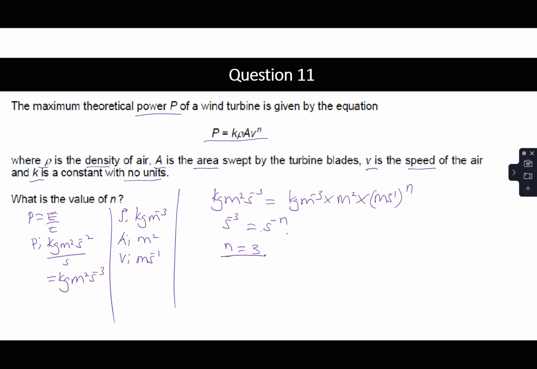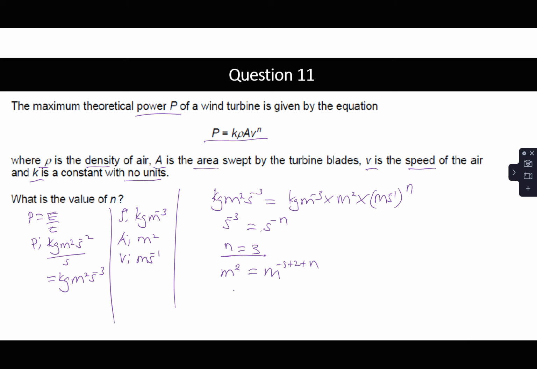Alternatively, I could use m. On the left I have m to the power 2. On the right I have m to the power negative 3 plus 2 plus n. Add the powers when we are multiplying. Now the velocity is raised to power n, that's why I have added n there.